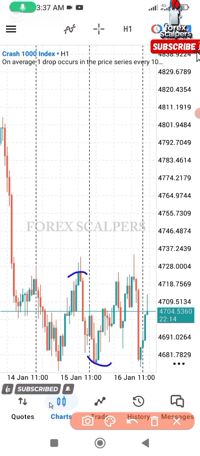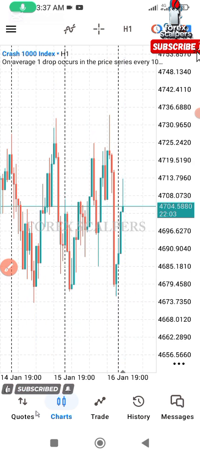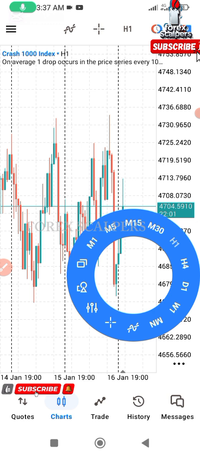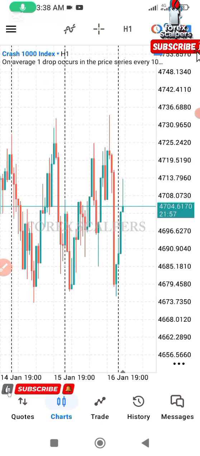So obviously this is still a bearish trend, so price is still selling. So what do we need to do? We have to mark our order block for this movement. So here is our order block for this trade.